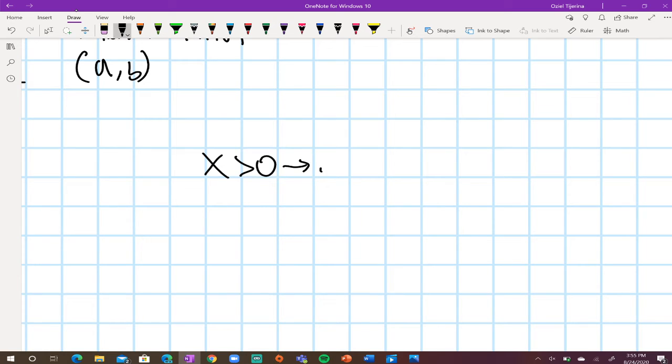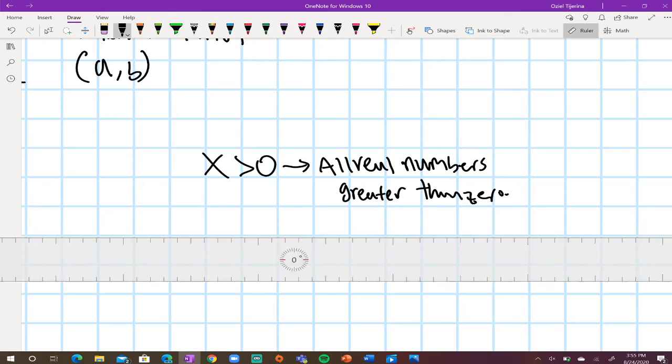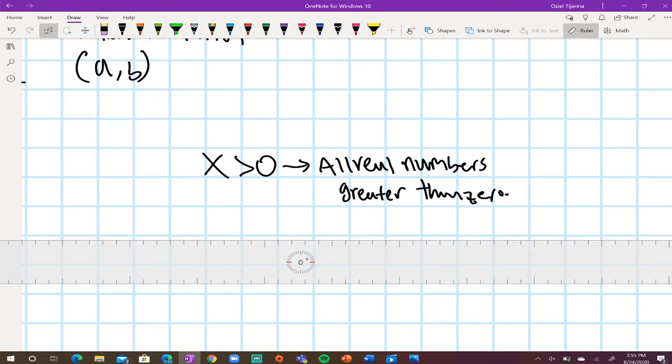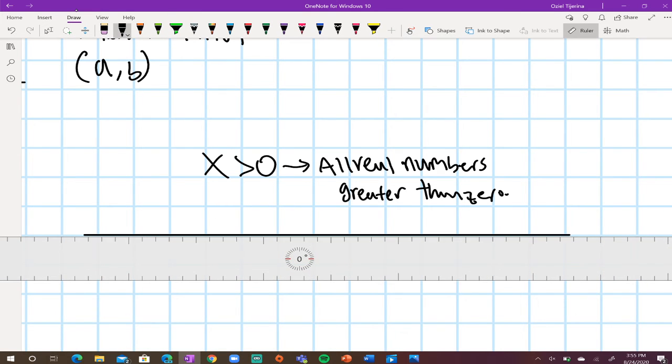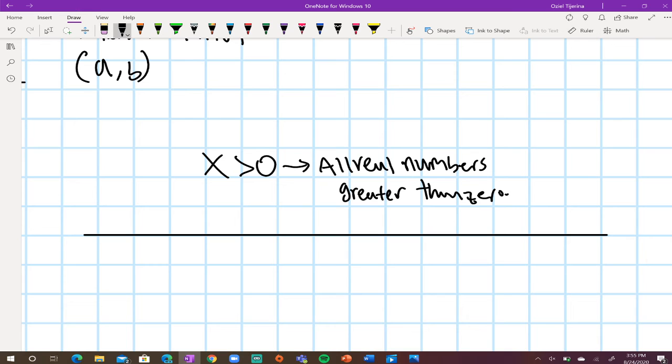What this means is all real numbers greater than 0, okay? How you would graph this, and I'm sure I've already gone through these in previous videos, but I'm going to go through it again, is you would plot your 0 right here, and you're going to shade all the real numbers that are greater than 0, okay?